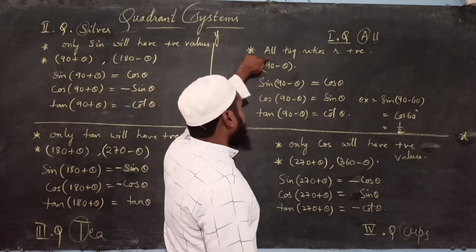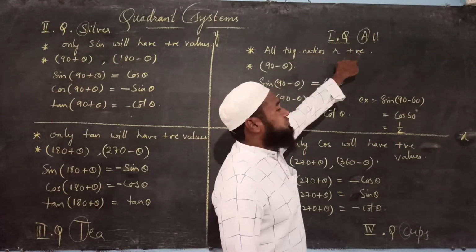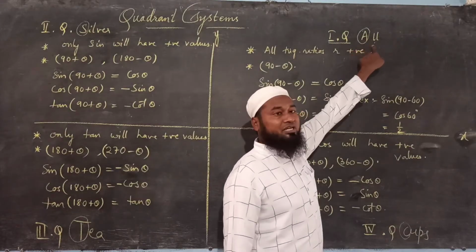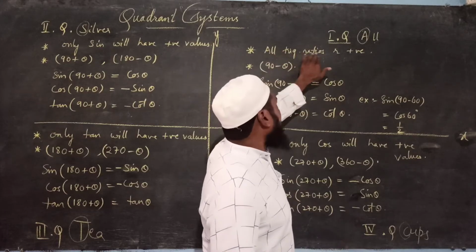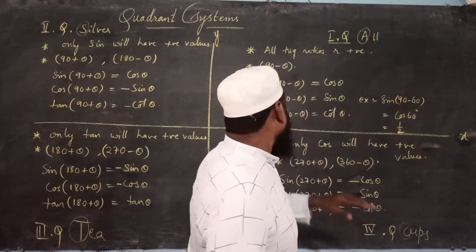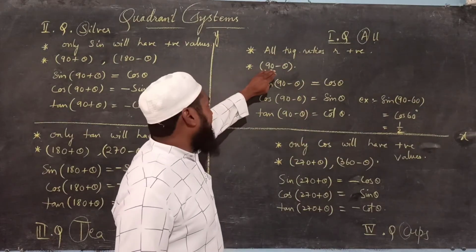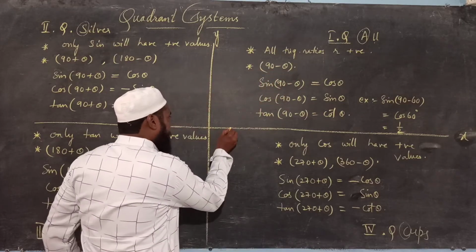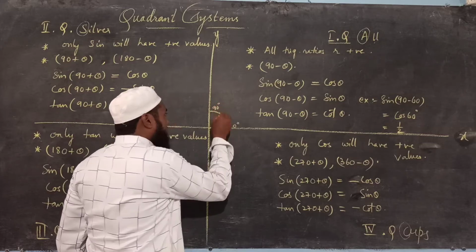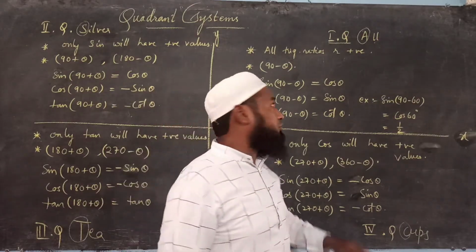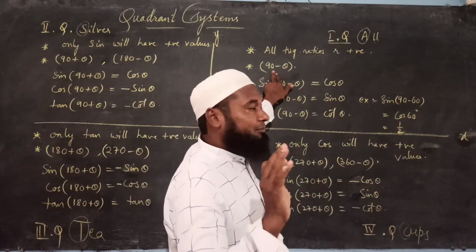So the first quadrant, all trigonometric ratios are positive, that's why its name has been started with All, A. Okay, so all trigonometric ratios will be positive. The angle form will be of 90 minus theta, because from here to here the angle will start from 0 degree to 90 degree. So all angles will be below 90 degrees. So that's why the angle form will be 90 minus theta.